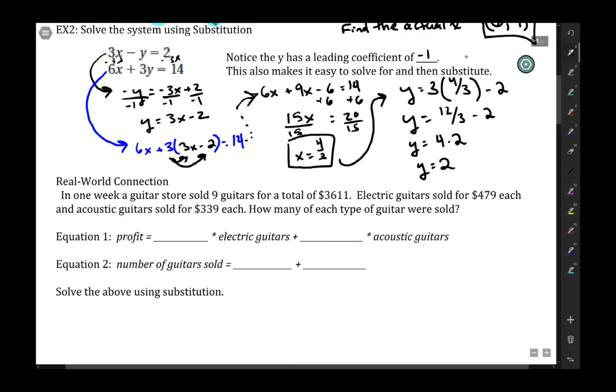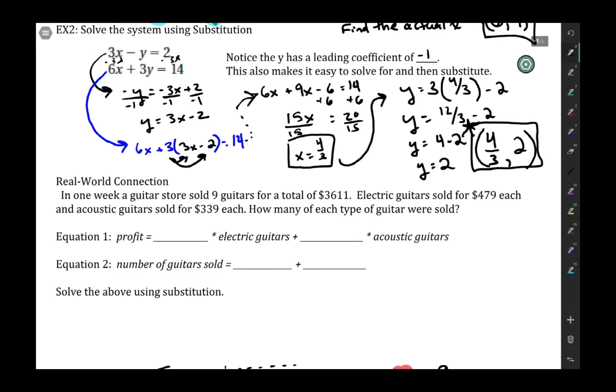So again, don't be a hero necessarily. I know a little bit of math, so I did, of course, fractions by hand. But if you get fractional answers, that is a good point to double check, perhaps. Maybe I'll come back to do that later. (4/3, 2) is your x and y combination.